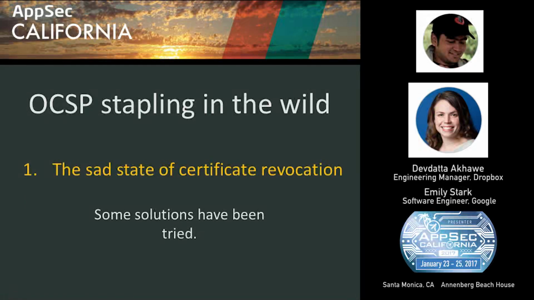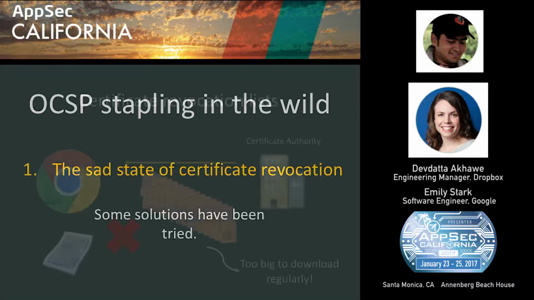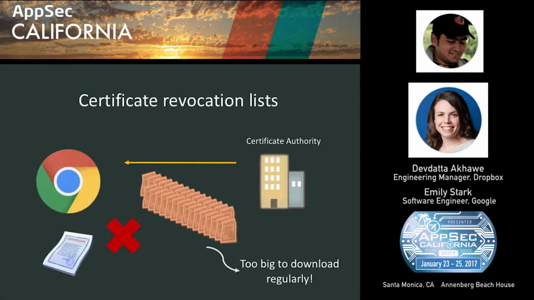So what we need is a way to communicate to the browser that this certificate should no longer be considered valid, that it has been revoked. And there's quite a bit of history here, things that have been tried that didn't work out so well. The most basic of these attempted approaches is called certificate revocation lists, or CRLs, which is basically exactly what it sounds like.